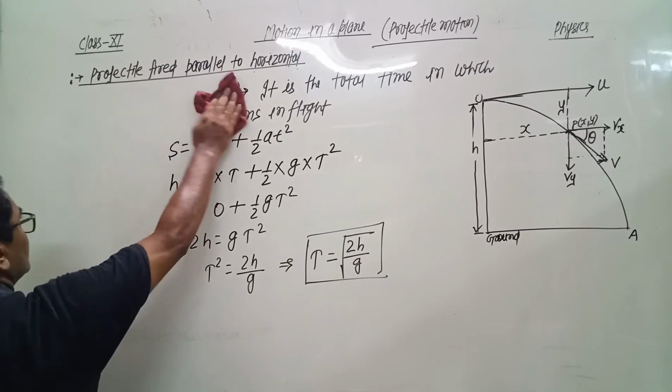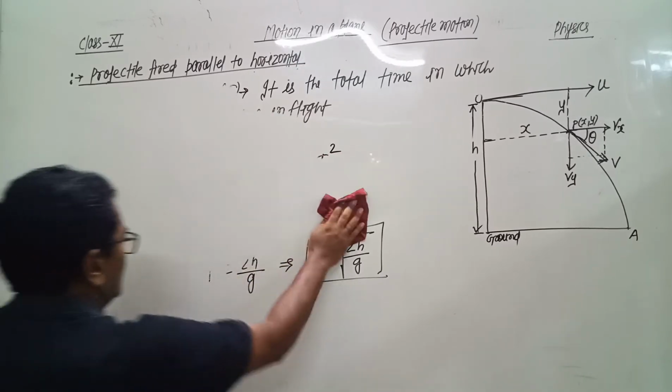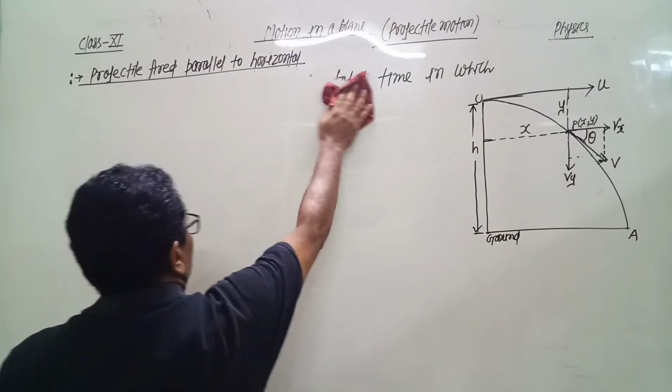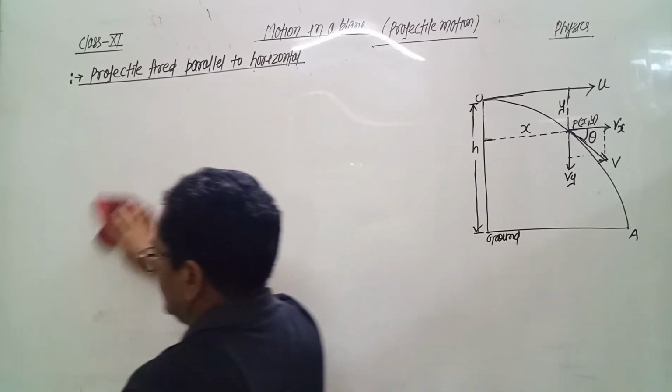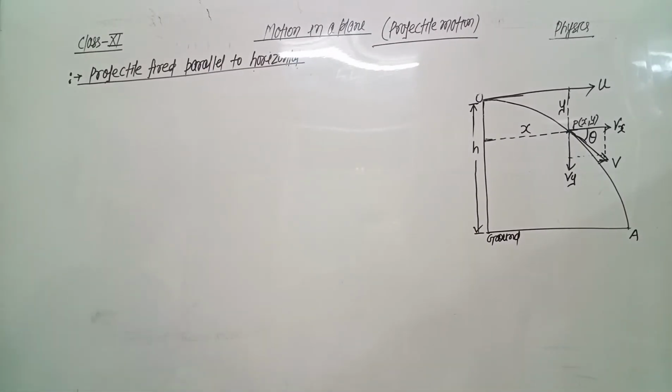Now the next term we use in horizontal projectile is horizontal range.